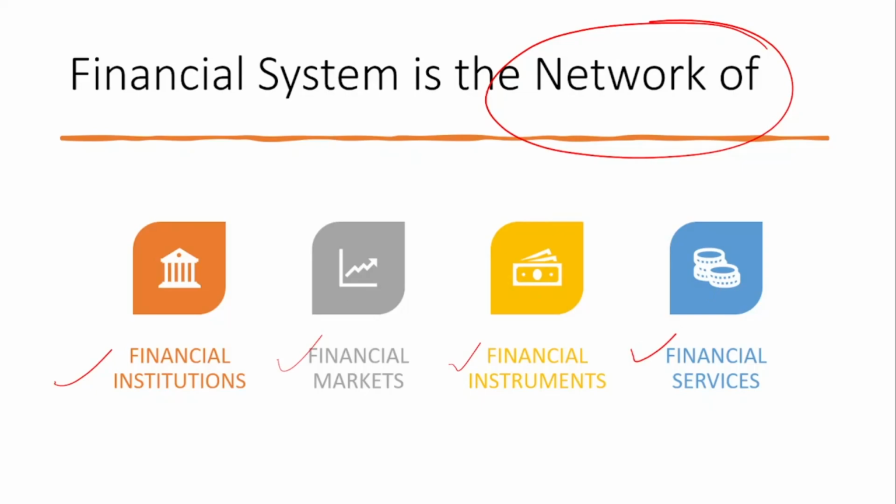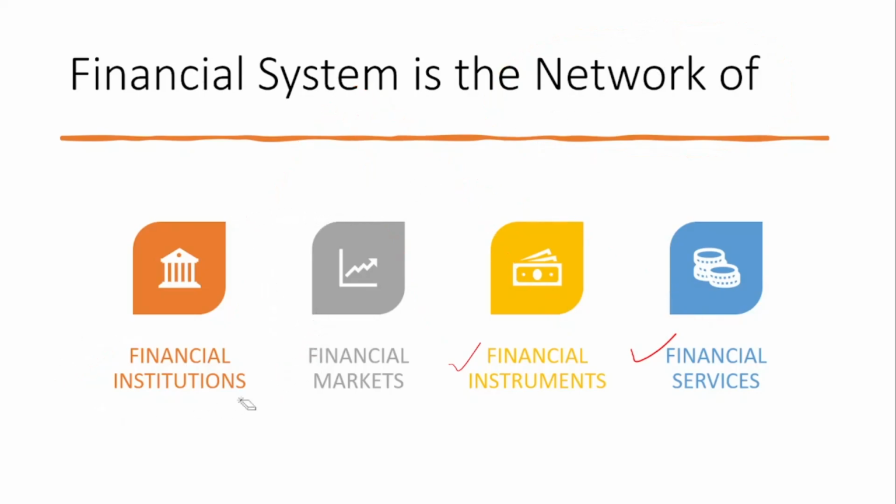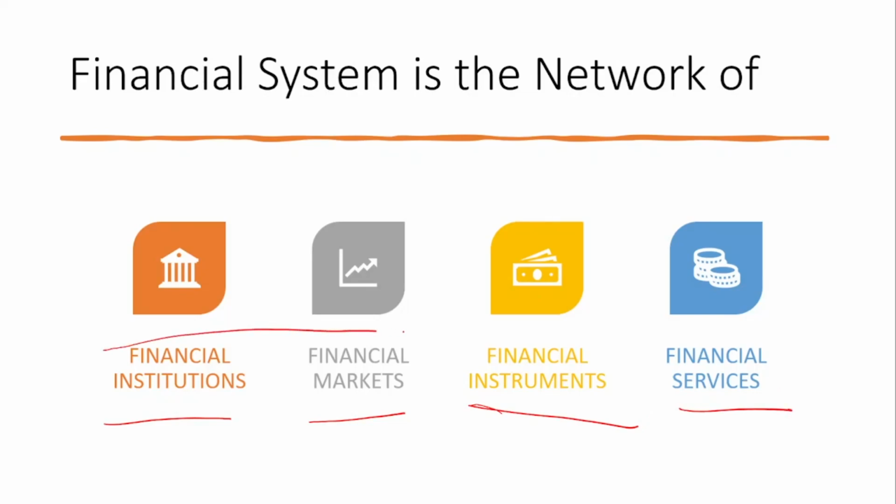Comprising all together is the financial system. Regarding each of financial institutions, financial markets, financial instruments, and financial services, we will be dealing in depth. In financial institutions and markets, we'll be going even more in depth.